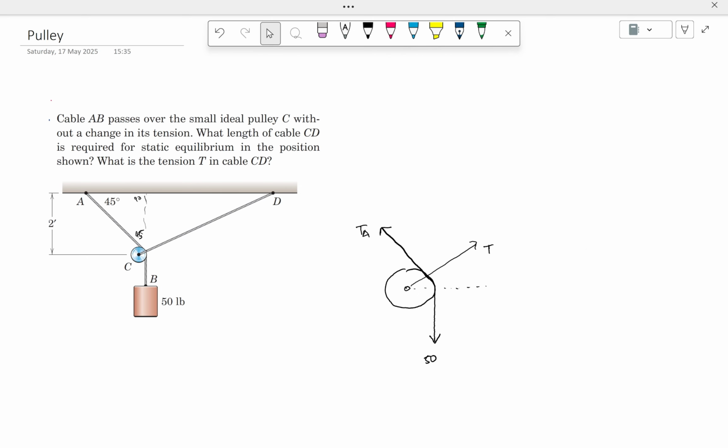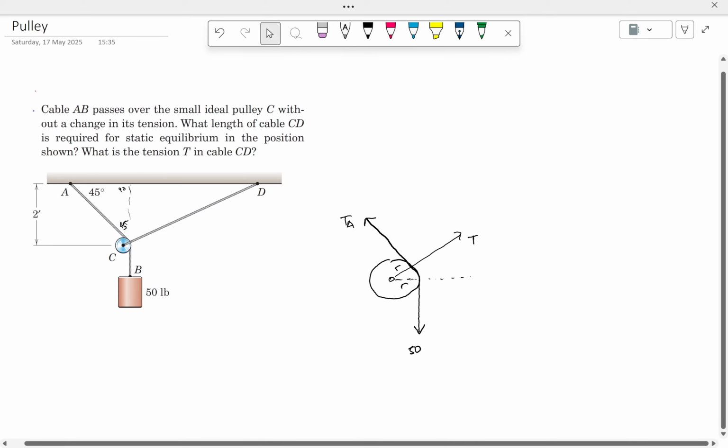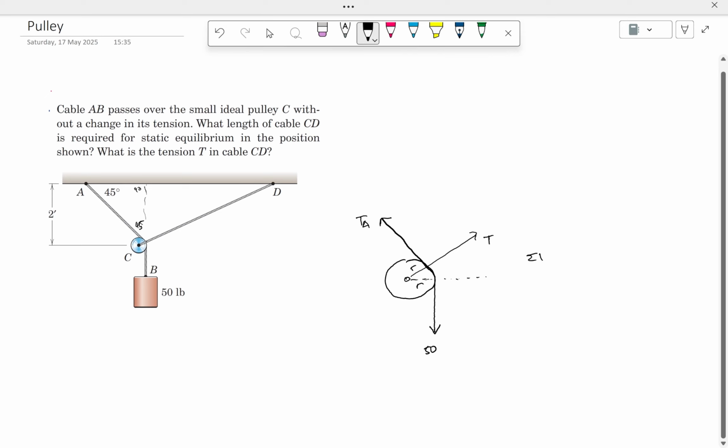But anyway, what we want to know is the value of TA. As I taught you before, since this is R, this is also R, if you take the moment at the center of the pulley C, it should be 0. There should be equilibrium, and then your TA will also be 50.